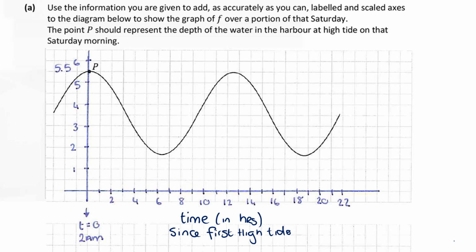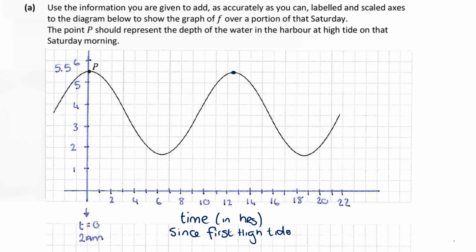We were also given a maximum and minimum, so that point P is at 5.5, and we were able to make an axis based off that. The x-axis broken up into hours was based off the fact that we know this point here is the second high tide, so it should be at around 2:34, which is about 12 and a half-ish hours after the first high tide, which ties into what we have here.